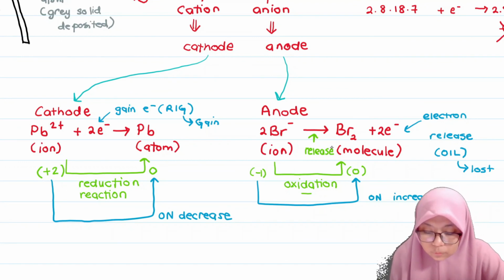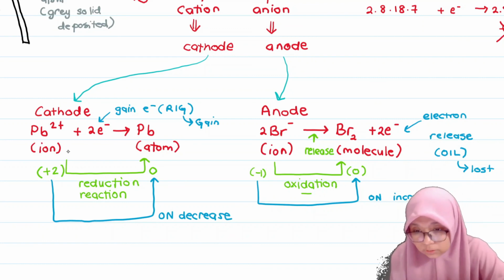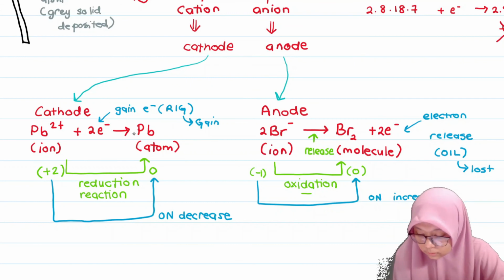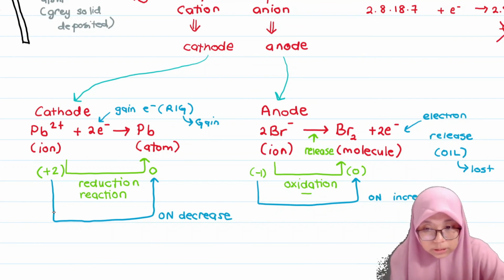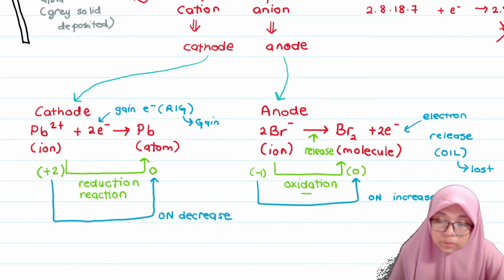So bromide ion will release 2 electrons to form bromine molecule. It is an oxidation reaction. You can explain in terms of electron released during the reaction or change in oxidation number. At the cathode, the lead(II) ion will accept electron to form lead atom. There is a gain of electron and change in oxidation number. The oxidation number will decrease.